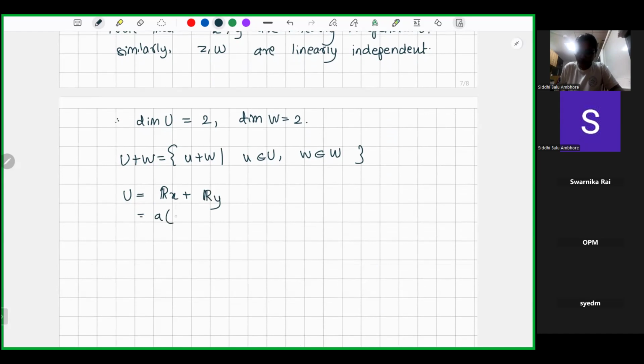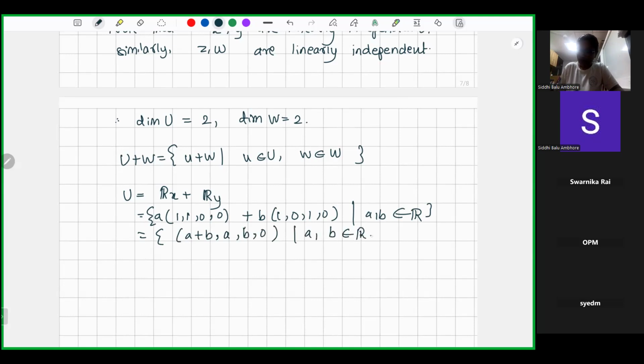So this is a times x, where x is 1, 1, 0, 0, plus b times y, which is 1, 0, 1, 0, such that a, b in R. So this is an element of this kind: a plus b, comma a, comma b, comma 0, such that a, b are in R.